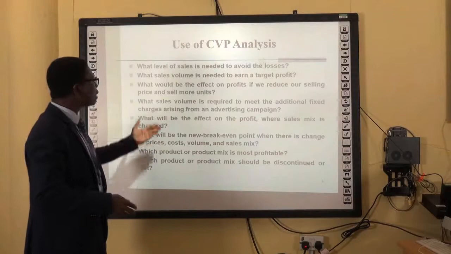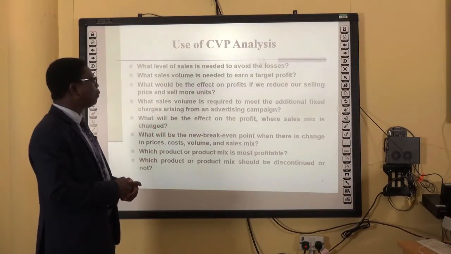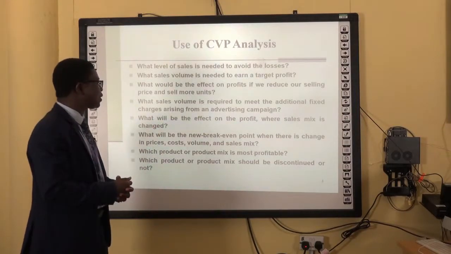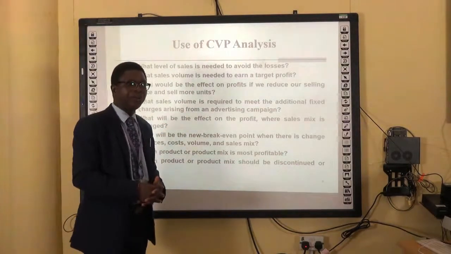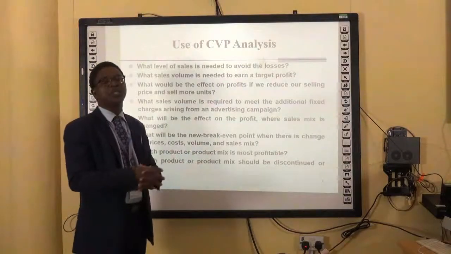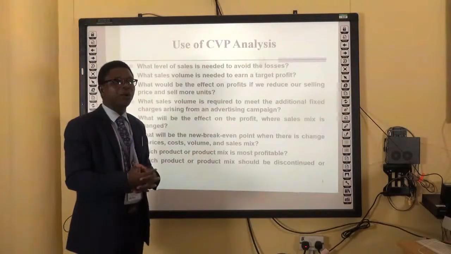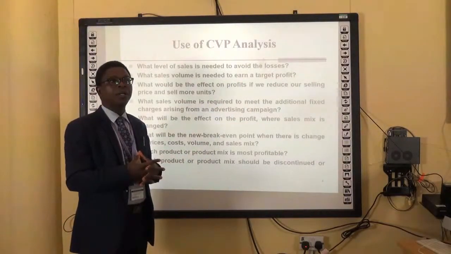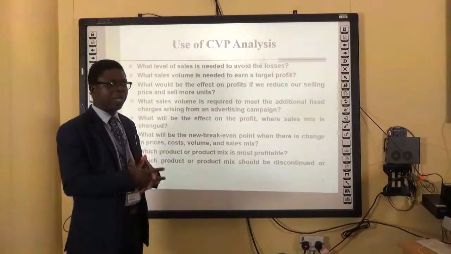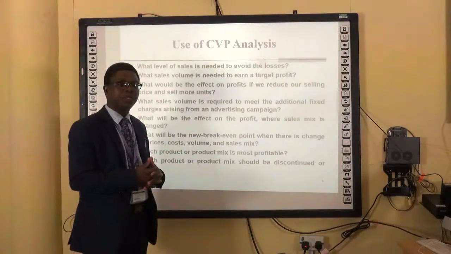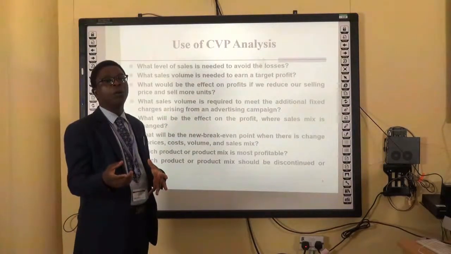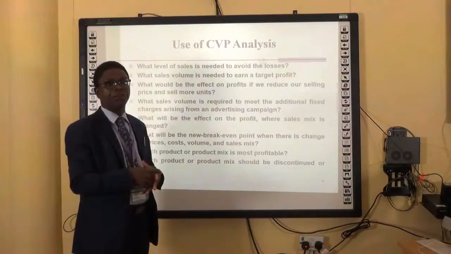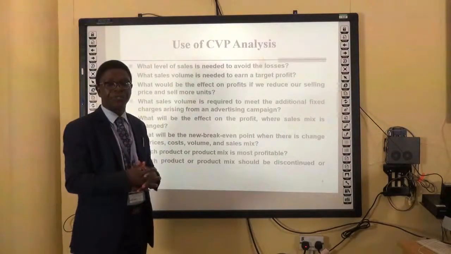Also, what sales volume is required to meet the additional fees and charges arising from an advertising campaign? An organization, in order to boost its sales, may embark on serious advertisement of its product and activities, which will in a way increase cost, but also increase revenue by increasing the sales.